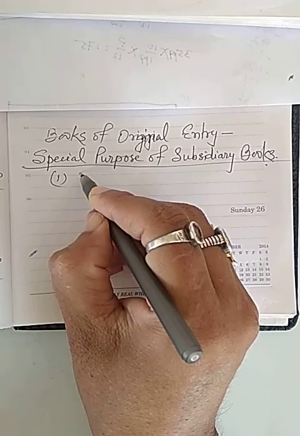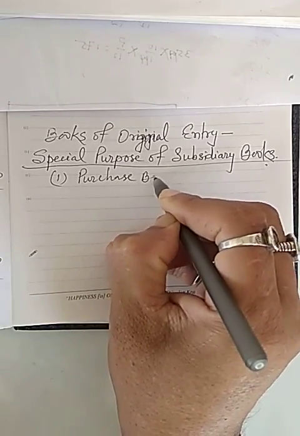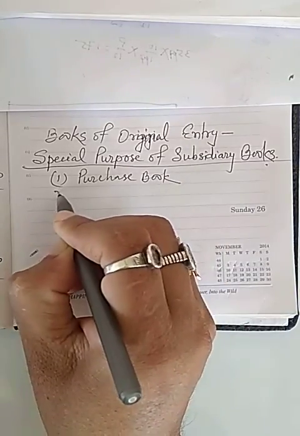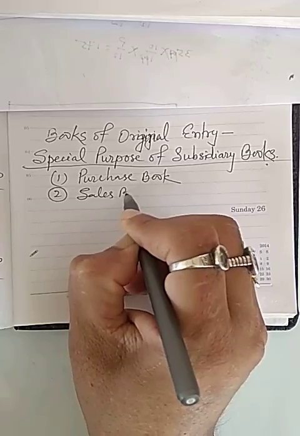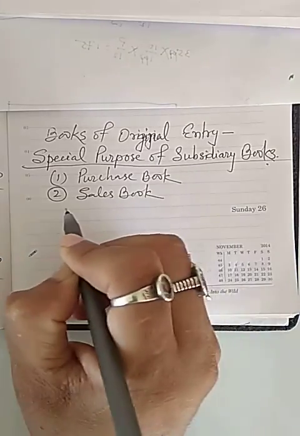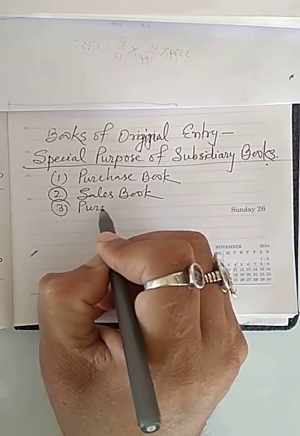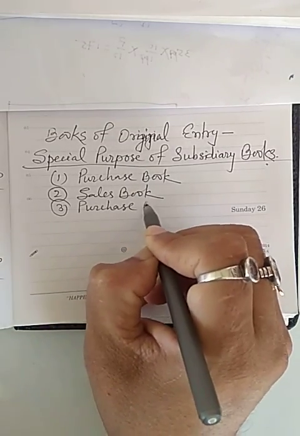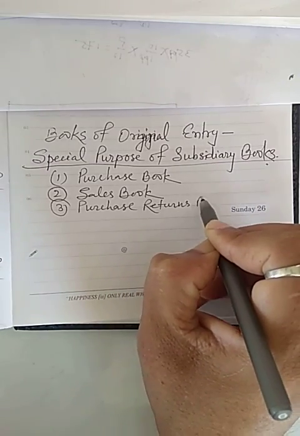First, purchase book. Second is sales book. Third is purchase return book.